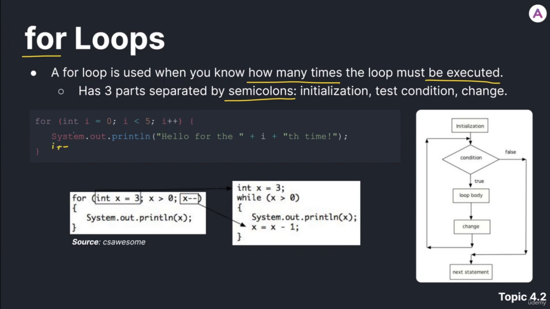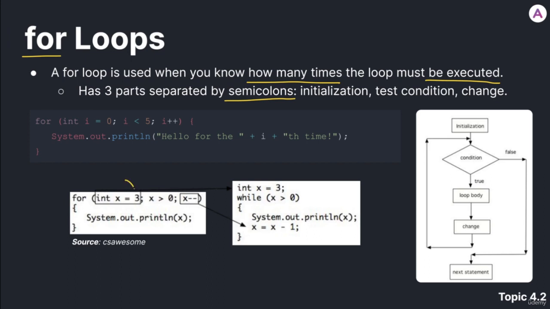So here's the order to clarify again. First, look at the variable's value. Second, see if the variable passes the test condition. Third, run all the code inside the set of curly braces. And fourth, go ahead and do the change condition. So you'll notice that even with all those different factors, the for loop still functions relatively the same way.